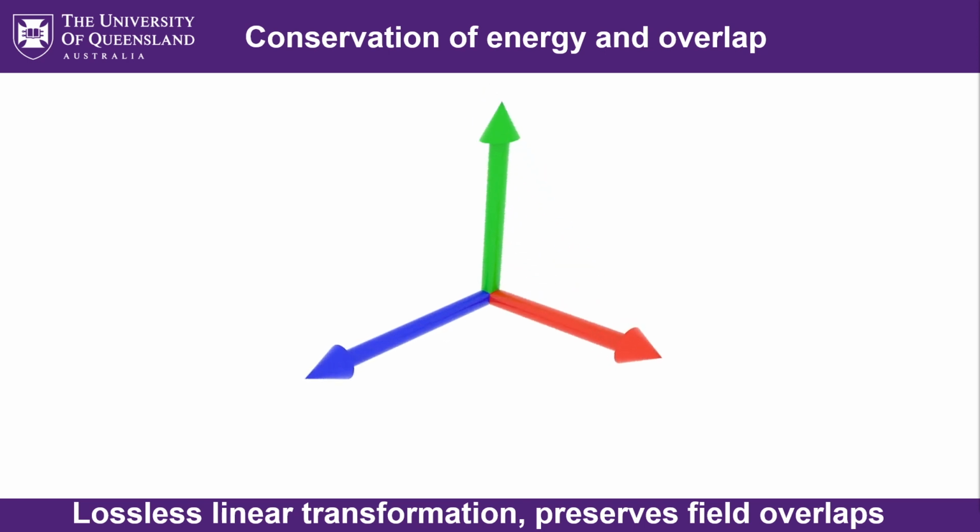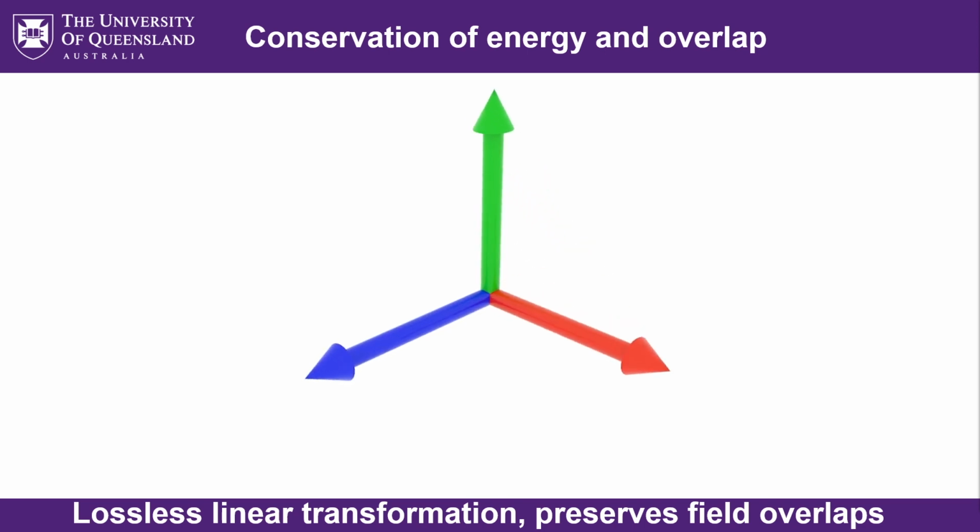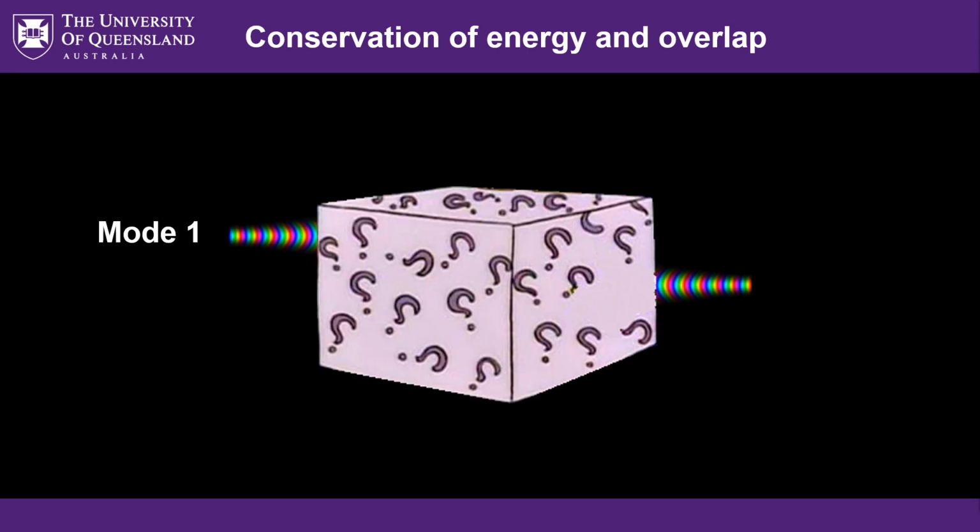Okay, that's the mathematical description, but if we think about it in terms of optics, why must orthogonality be conserved? Well, I think it's easiest to understand if you think about the contradictions that would arise if that wasn't the case. So let's say we've got some sort of magic, mysterious optical system here, which does the following transformation. It takes in mode 1 on the left, and it maps it to the output mode on the right.